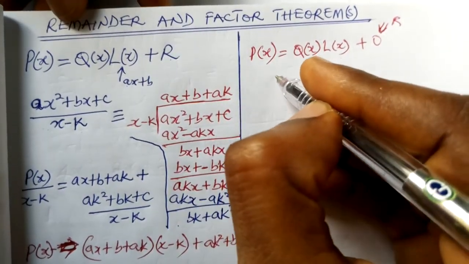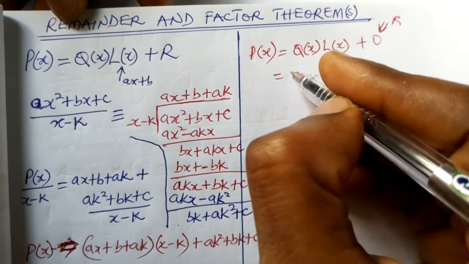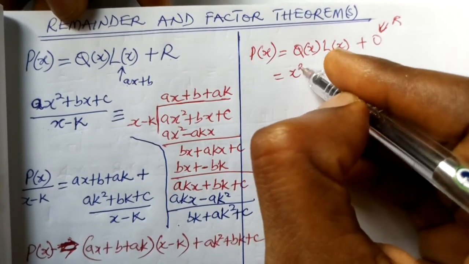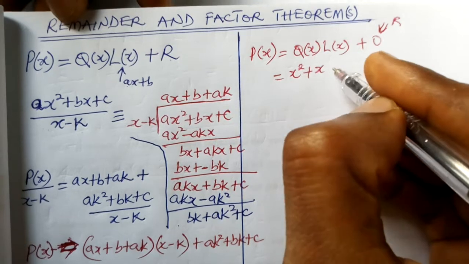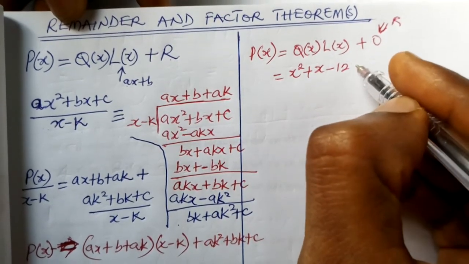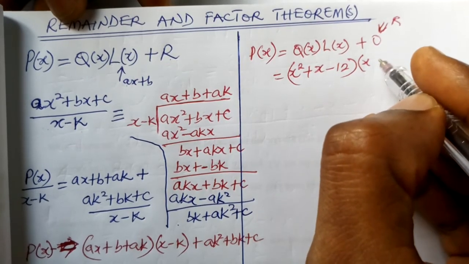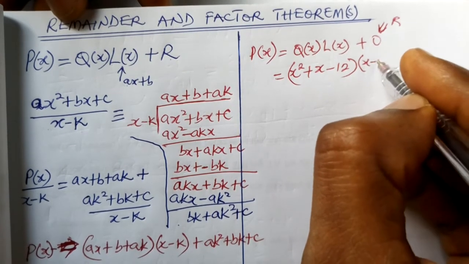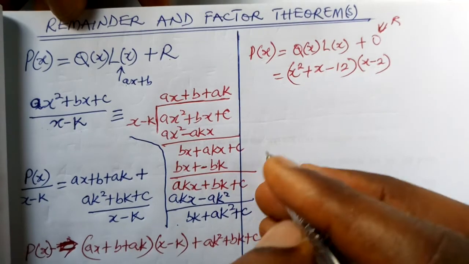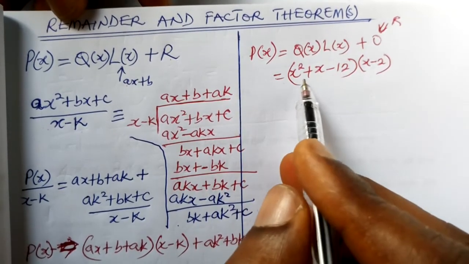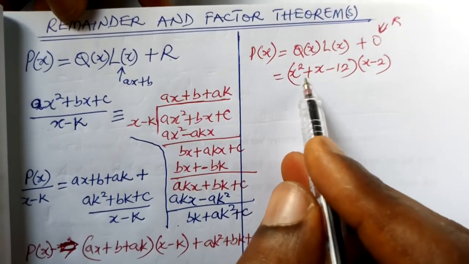So we have that our q of x, which is the quotient that we got, is x squared plus x minus 12. The linear factor is the root, one of the factors that we got, which is x minus 2.